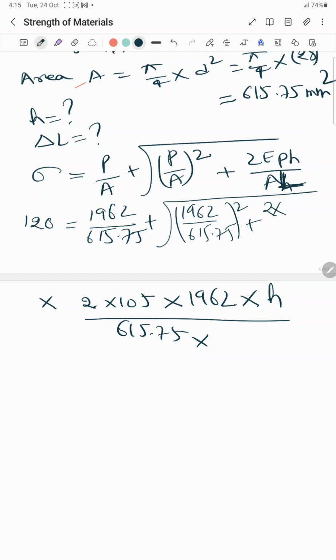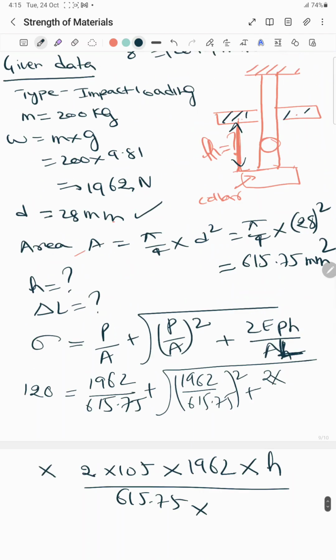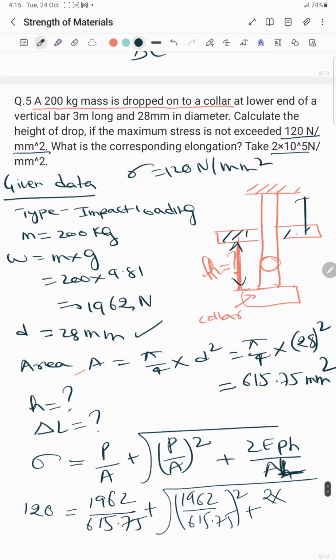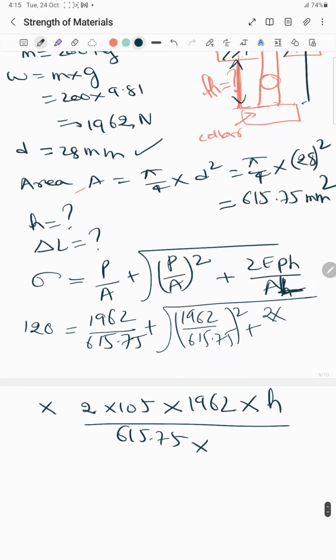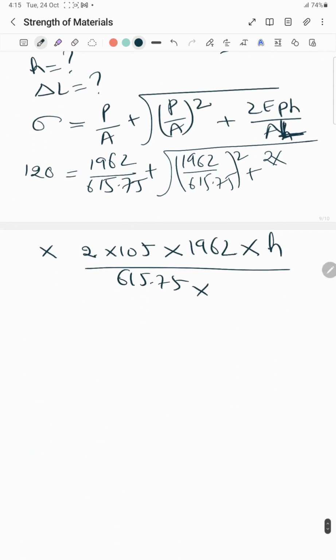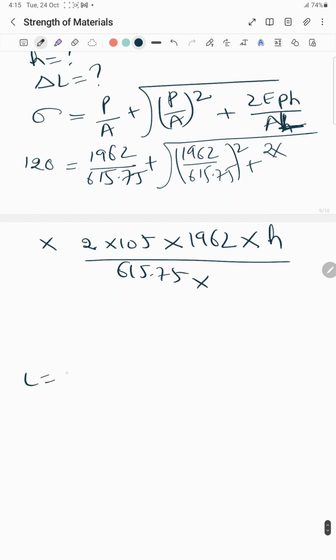L is the total length, which was 3 meter long. So L is equal to 3 meter, in mm it will be 3000 mm. So we need to write 3000.